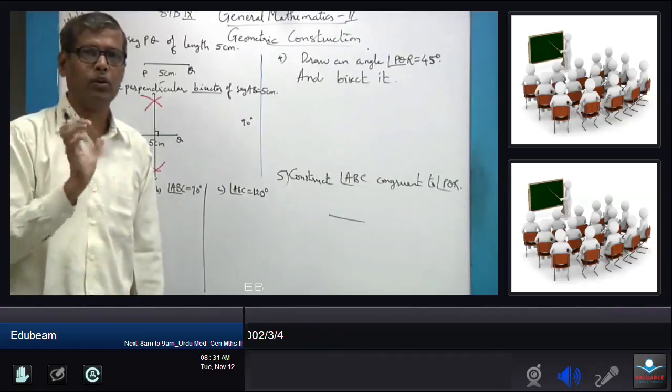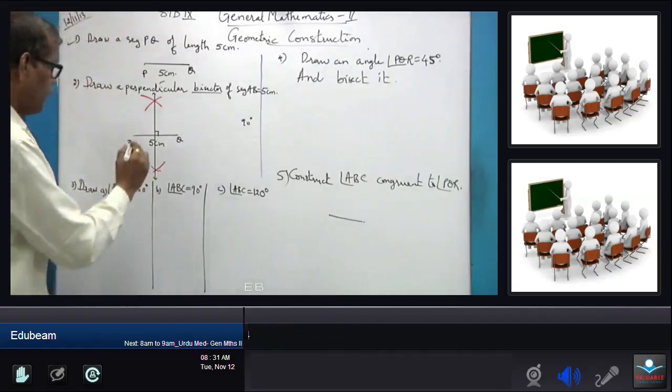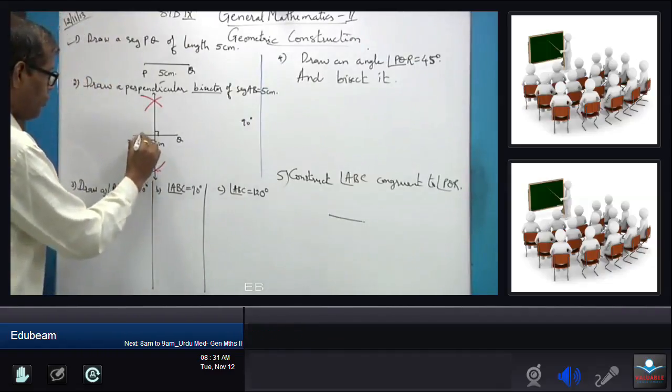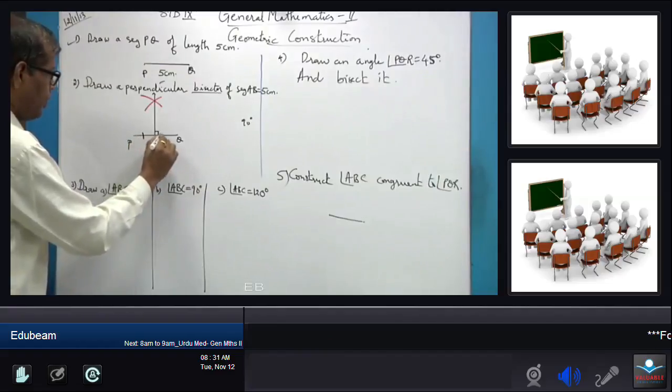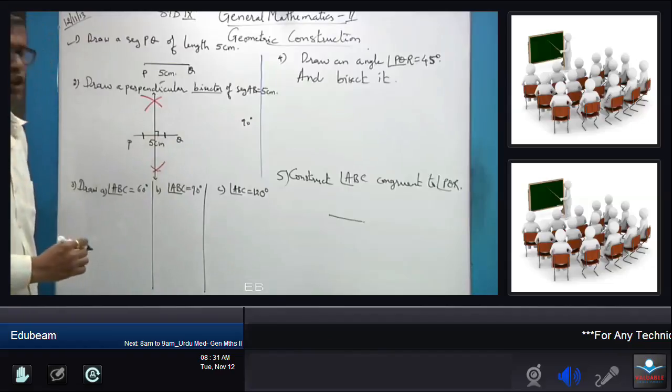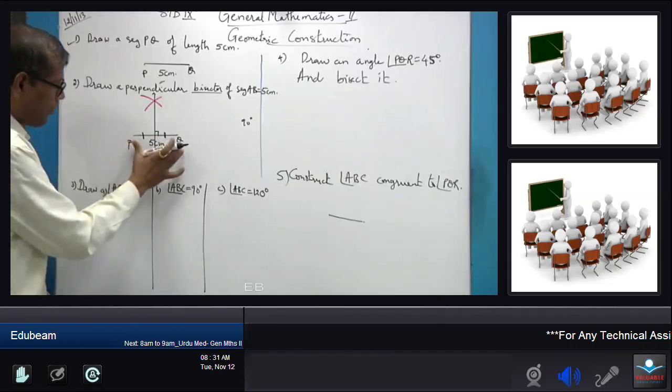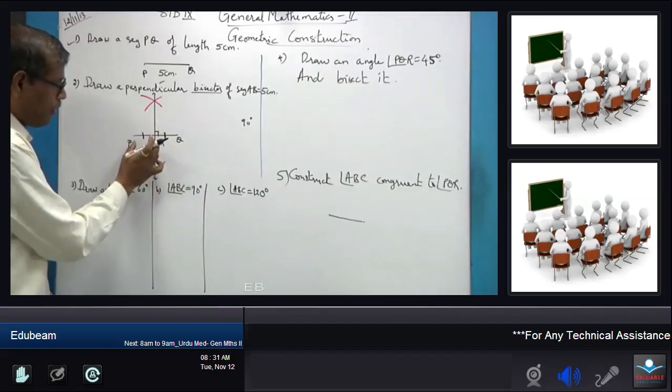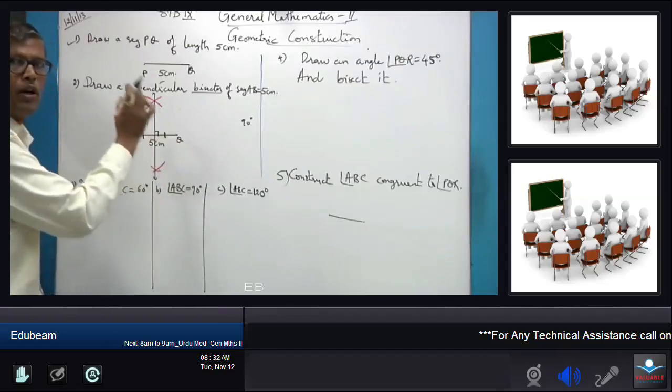B is in the center and C is on that 0 line, the inner 0. 0 is starting, then your 10, 20, 30, 40, 50, 60.